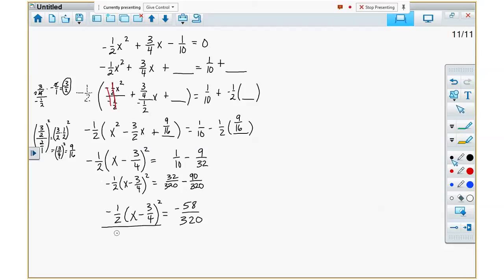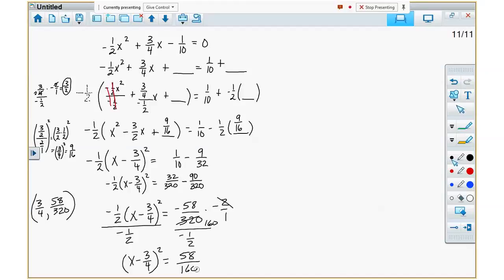Negative 1/2 of the vertex is 3/4, comma, 58 over 320. And we'll worry about that later. So x minus 3/4 squared is equal to, multiply by negative 2 over 1, which will knock this down to 160, and 58 over 160, we'll simplify that later.